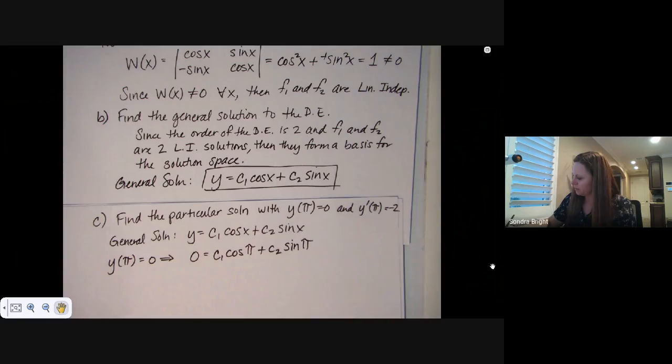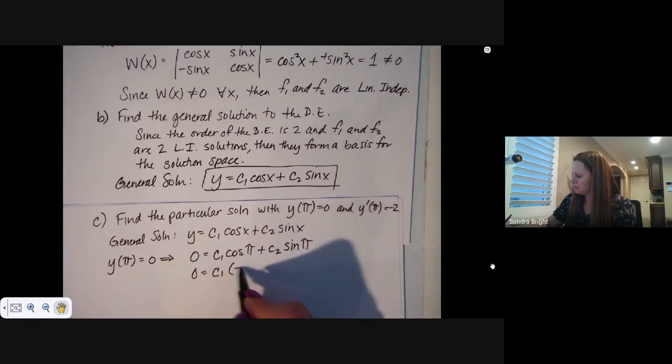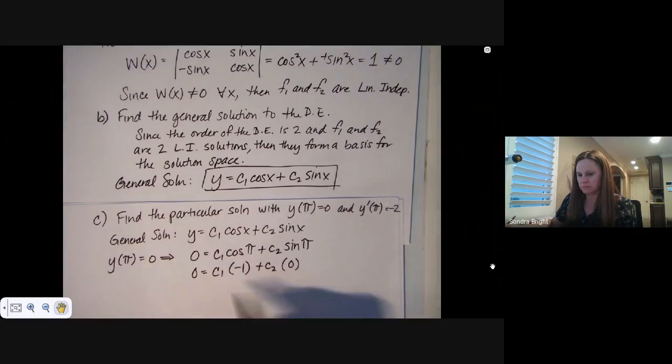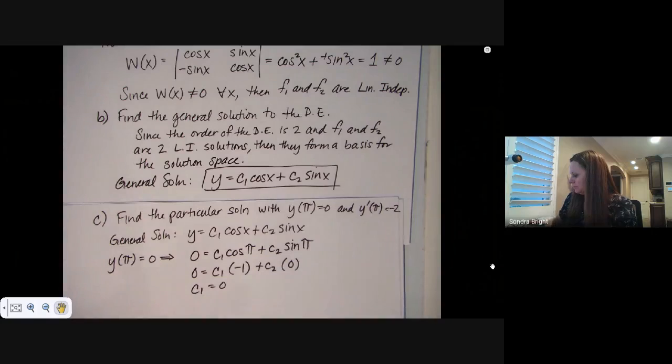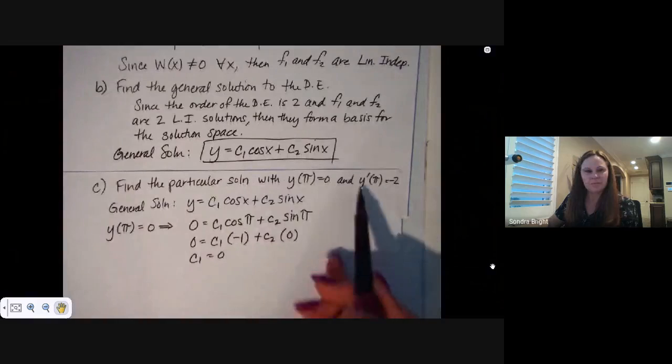Well, we know those values. Cosine of pi is -1, sine of pi is 0, and so your c1 is 0. I solved for one of them. Now, they also gave me y prime of pi is equal to -2. But I don't have y prime, so I have to find y prime.